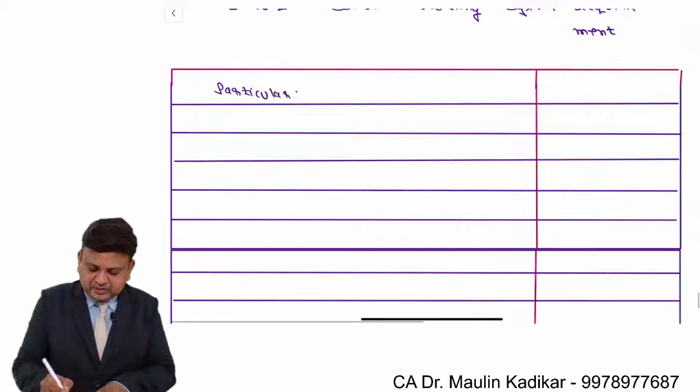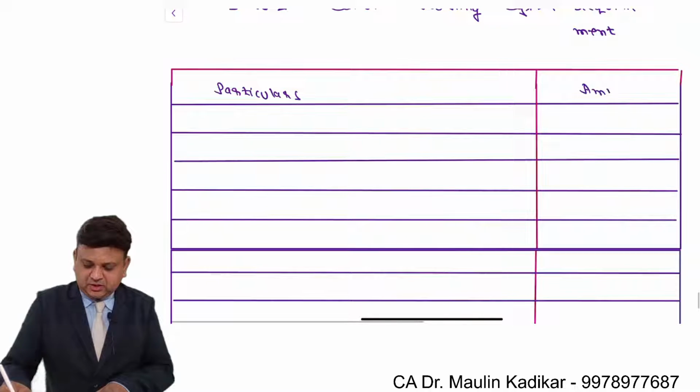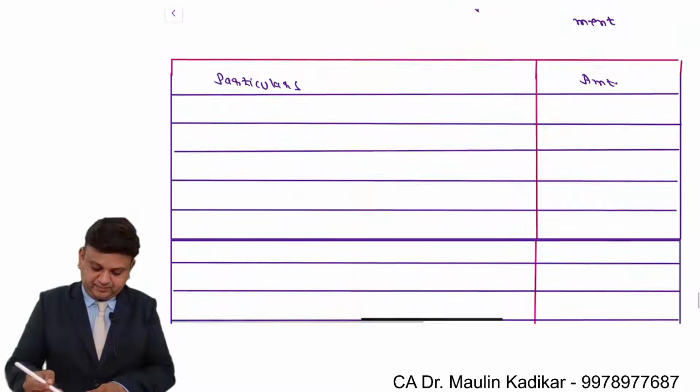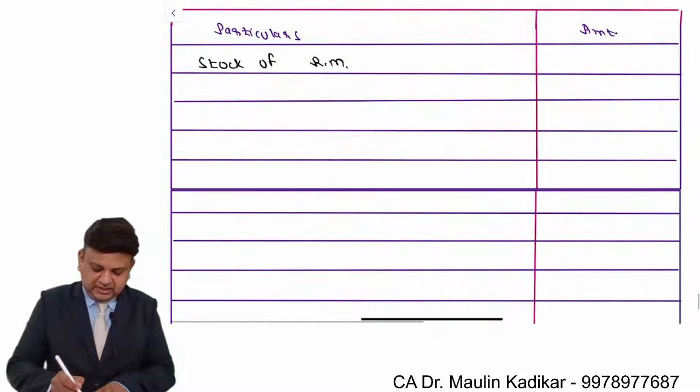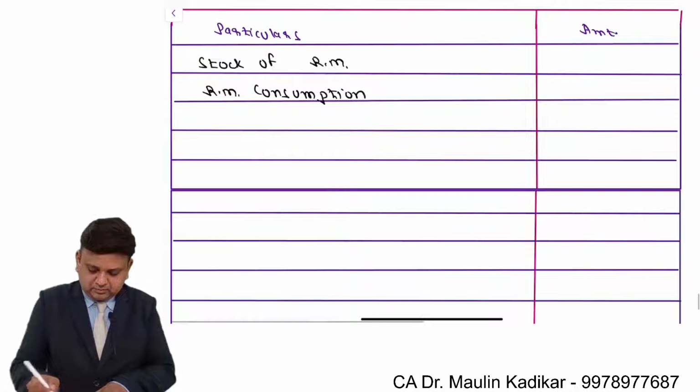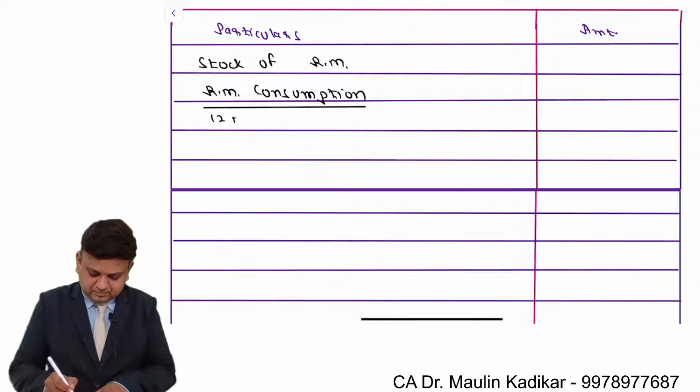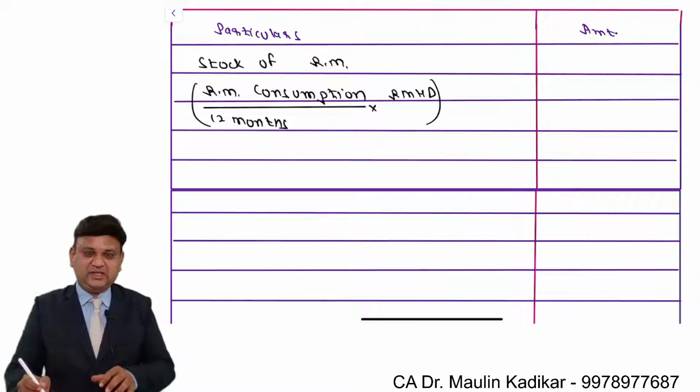So column number 1 is particulars and column number 2 is amount. So stock of raw material: raw material consumption divided by 12 months into raw material holding period. That is what we understand.